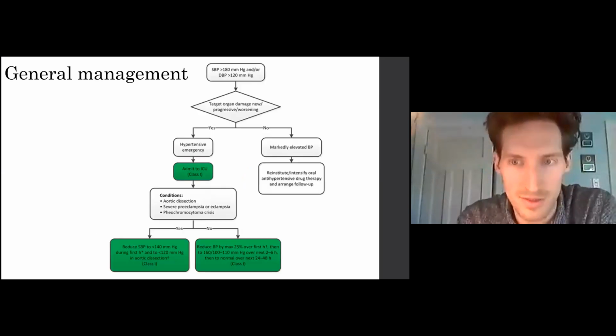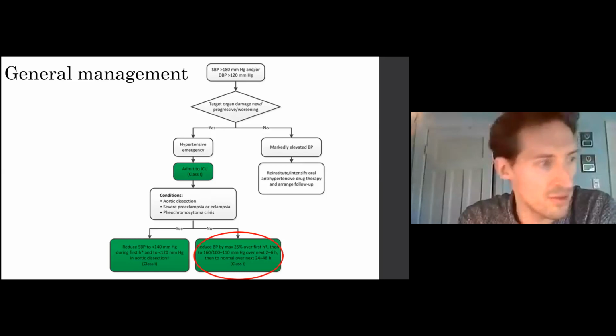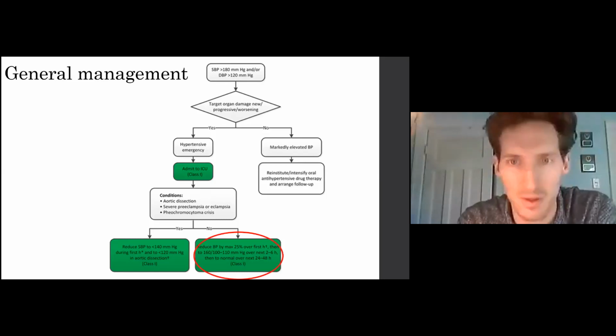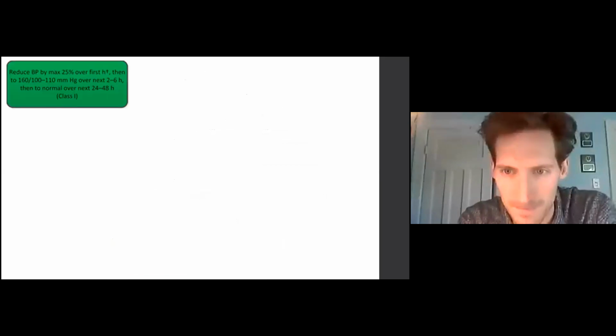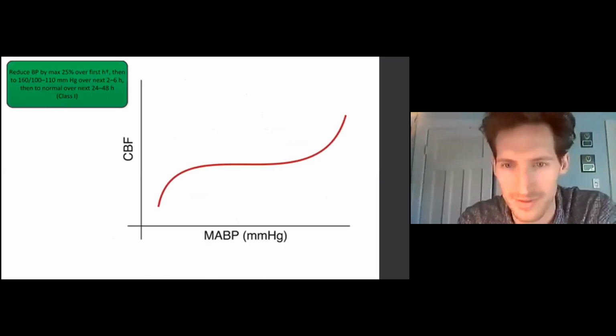The 2017 AHA guidelines talk about reducing your blood pressure by a max of 25% over the first hour. Where does that come from? It's basically that if you remember your autoregulation curve, the cerebral vasculature maintains a steady perfusion through a range of MAP.